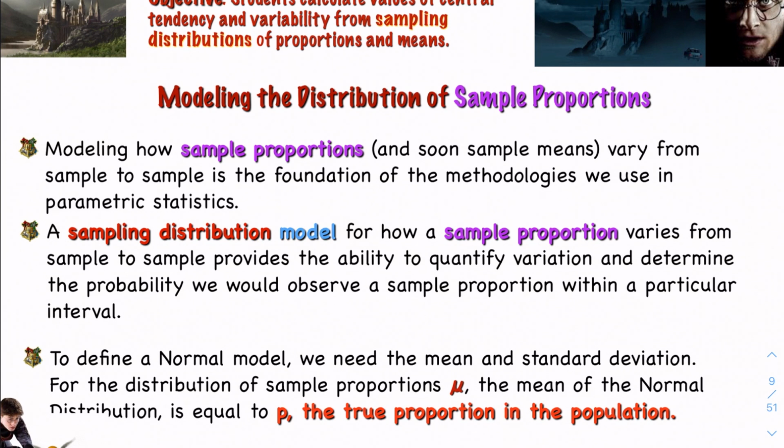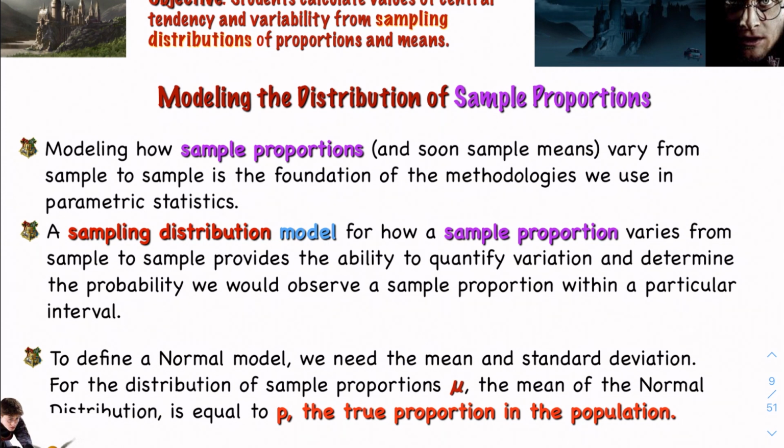So modeling how sample proportions and soon sample means vary from sample to sample is the foundation of the methodologies we use in parametric statistics. If we're looking to study a parameter, what is the true population mean or the true population proportion?